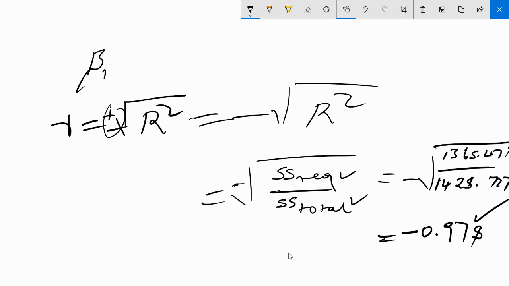There is a high correlation between X and Y. There is a strong negative relationship. It's important to mention those things. The value is negative here and it's close to 1. It means there is a strong negative relationship between X and Y. There is a very high negative correlation between X and Y. So if you interpret it like that, you get the second mark.